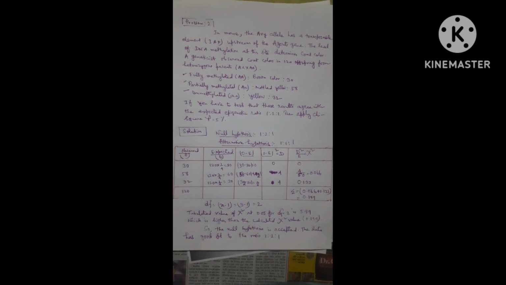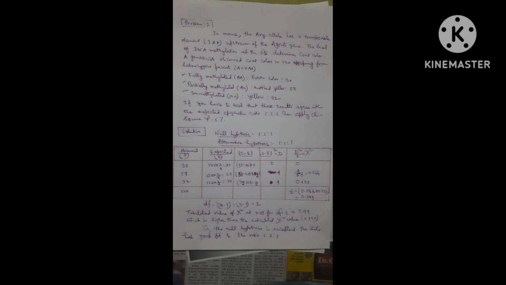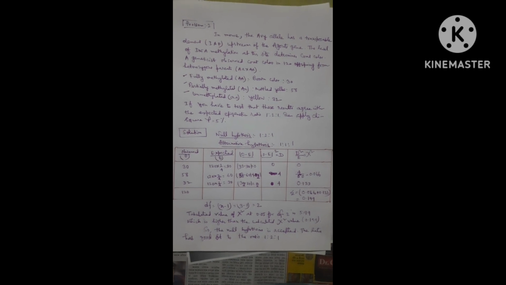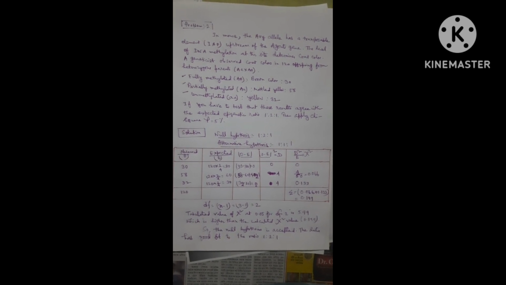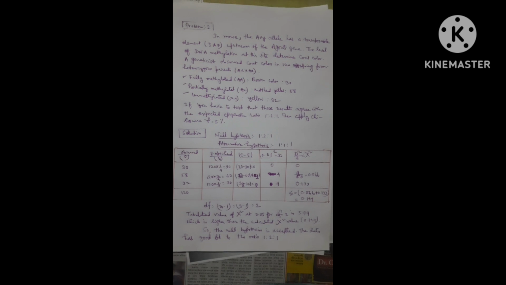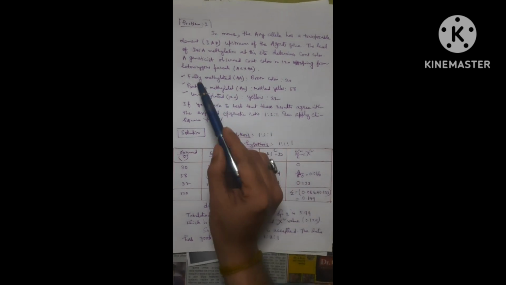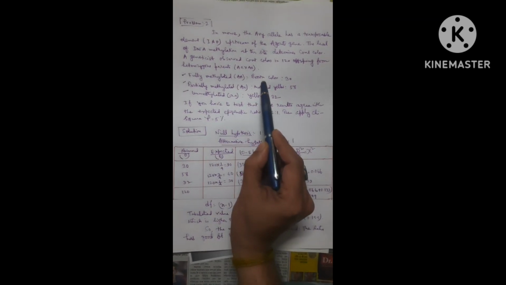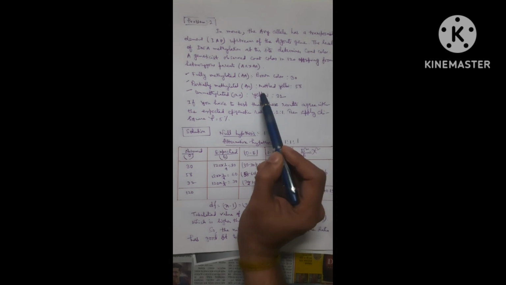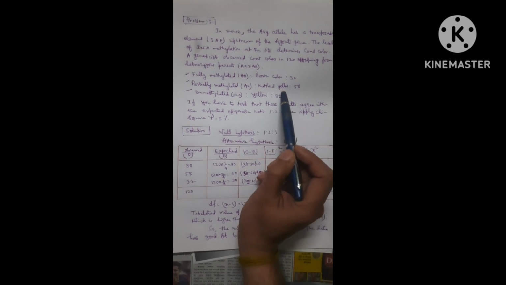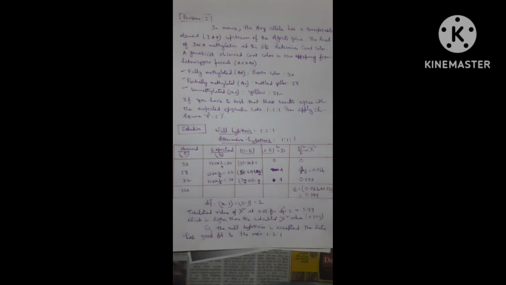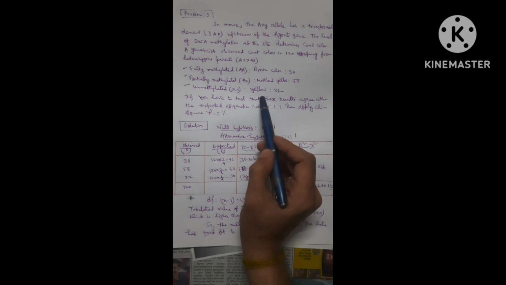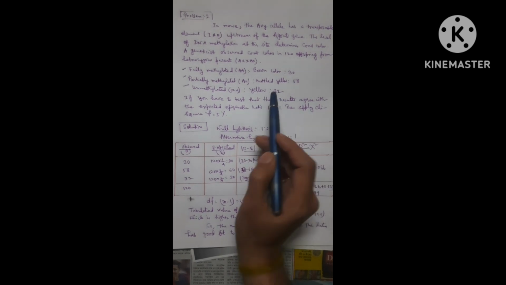So a geneticist observed coat color in the breeding of two heterozygous mouse, small a, capital A, small a, and found 120 offspring. Okay, among which brown color offspring were 30, mottled yellow offspring were 58, and yellow offspring were 32.